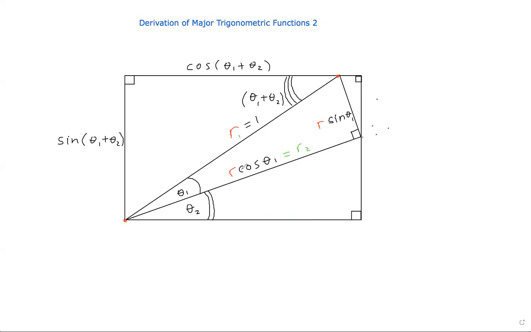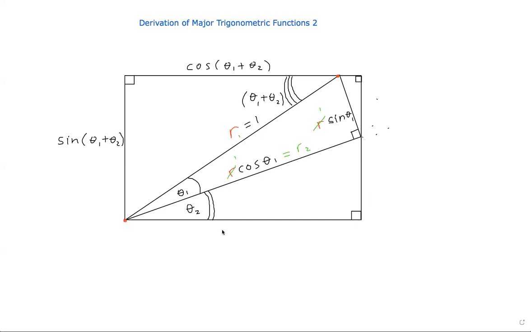So R cosine theta equals R of 2, except remember, we're setting R equal to 1. So that just goes to 1, and that just goes to 1. So r sub 2 is the hypotenuse, so we use that relationship to compute the length of the base and the height of this triangle here.